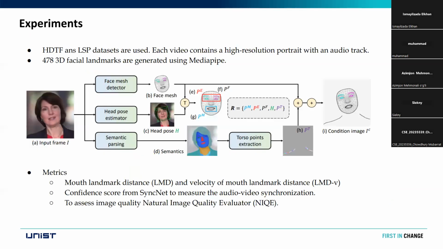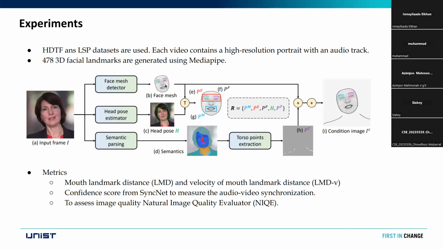Then in the experiments, they use HDTF and LSP datasets. These datasets contain high resolution videos with audio track. Facial landmarks in the beginning of the network are generated using MediaPipe. This is the whole pre-processing method.